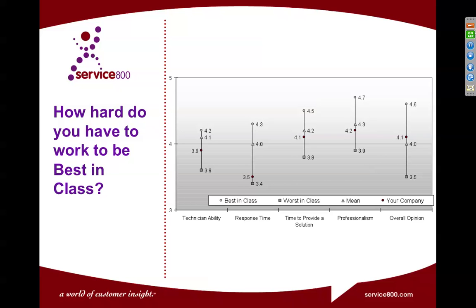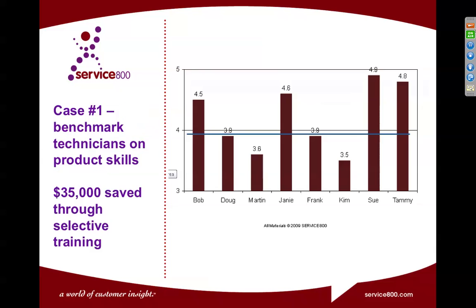Let me give you some examples of how some other companies use this information to actually make changes based on benchmarks. Here's an example of a company, and these are just 8 of their 300 technicians. But this company was experiencing complaints from its customer base that the service that they were providing on a particular product was very, very poor.